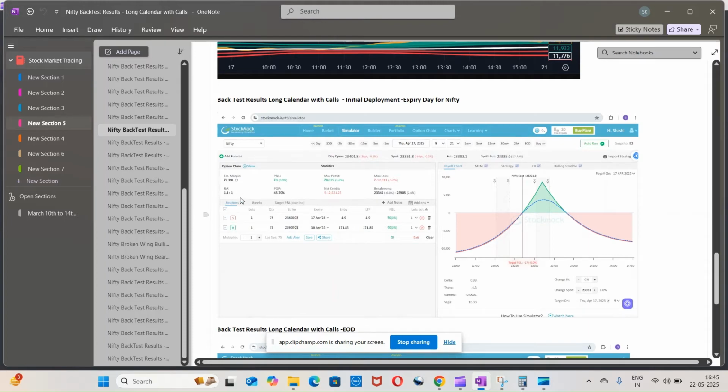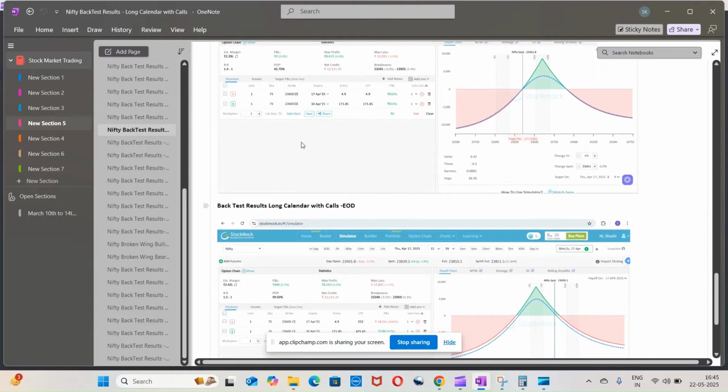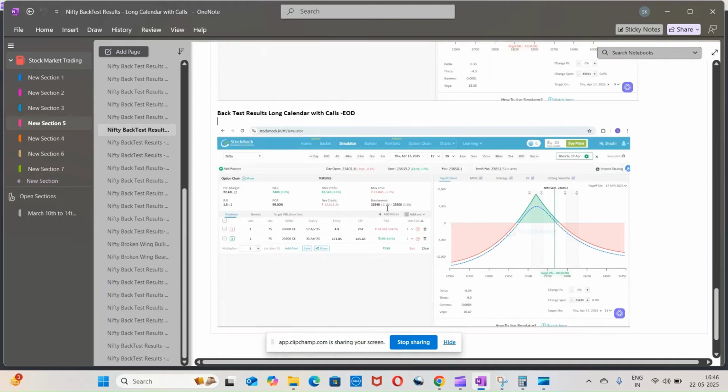The risk reward is 1.4 to 1, 8,615 is max profit, and 12,000 is the max loss. Here too we are shorting the at the money current week and buying the same strike for the next month. The backtesting result gave 488 rupees, which is 0.2% on that particular day.